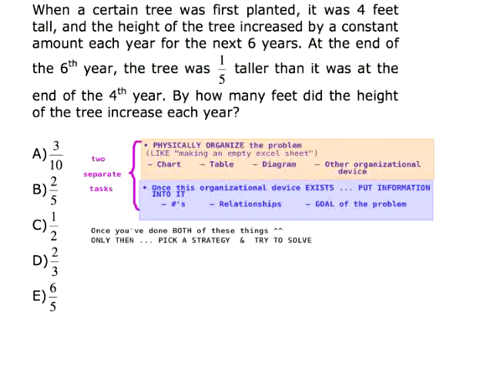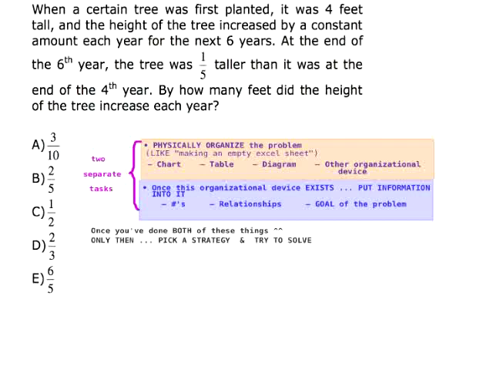Let's look at what out of this text we actually have to read to do the orange step. What do we need? Let me shrink this a little bit. There. Okay. The point is to ignore a lot of stuff each time. What do we actually need to organize the problem?